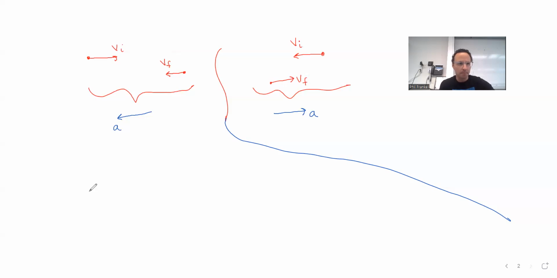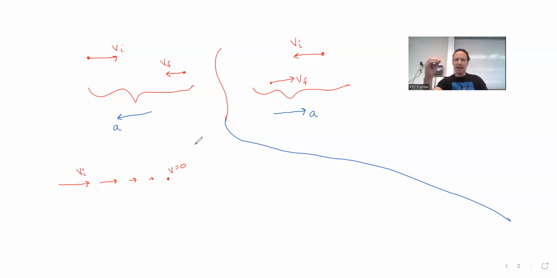Here we go. So maybe the initial velocity is a big value to the right, and then a smaller value to the right, and then a smaller value to the right. And then the object stops. The object must be at rest at some moment. Think about that. The object's moving to the right, slowing down, slowing down, slowing down.